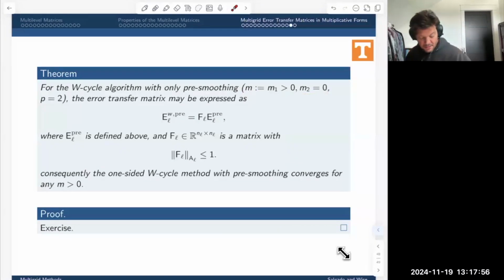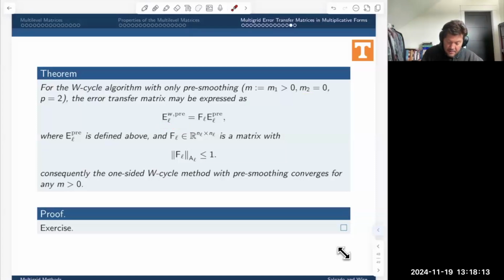That gives us our basic W cycle. Then the error transfer matrix can be expressed as some matrix FL times the error transfer matrix for the W cycle.